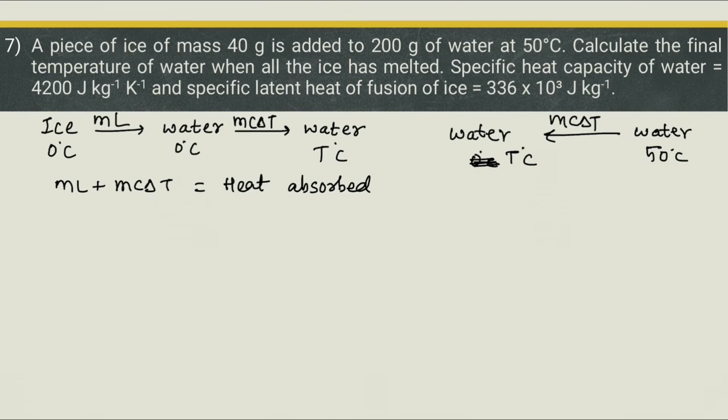We can't say it is 0 degree Celsius. At the end, after calculation, if it comes out to 0, then it's a different matter altogether. But we cannot assume from the beginning itself that the final temperature is 0 degrees Celsius. So mc delta T is the heat energy released.